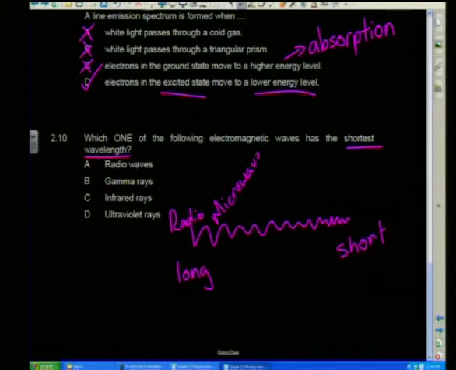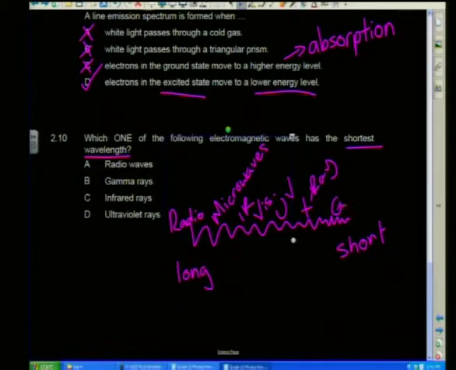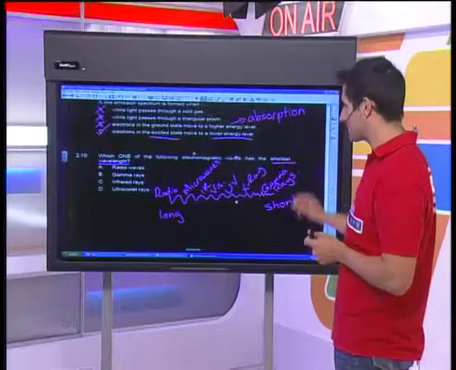Then infrared, then visible, okay, and then UV, then X-rays, and then all the way on this side, I find gamma rays. So from longest, it starts from radio, goes through microwaves, infrared, visible, UV, X-rays, and then gamma rays.